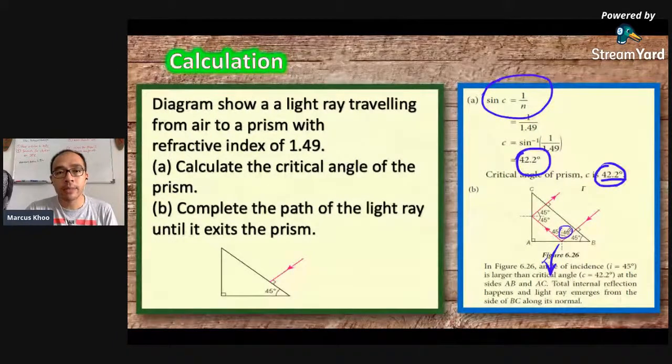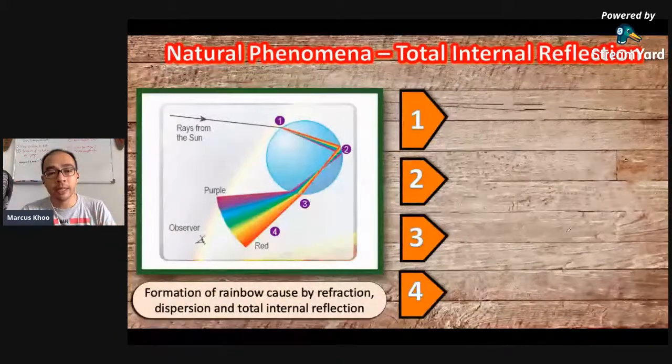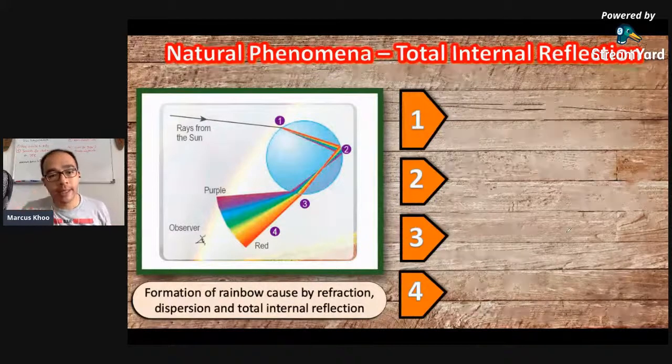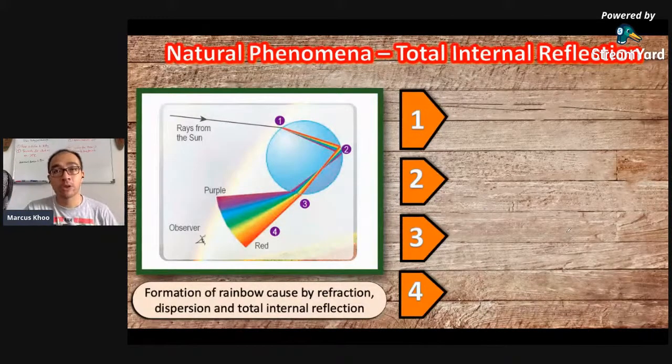Now I'm just going to talk about the natural phenomena a little bit, although this part is actually supposed to be handled by one group who will make the Google site. Anyway, one of the natural phenomena that is caused by total internal reflection is the formation of a rainbow.